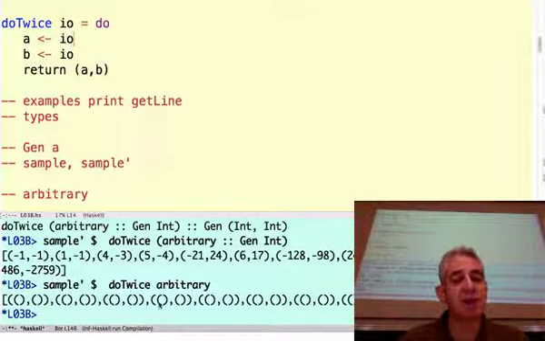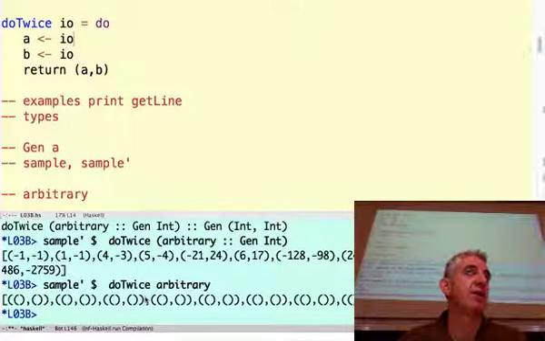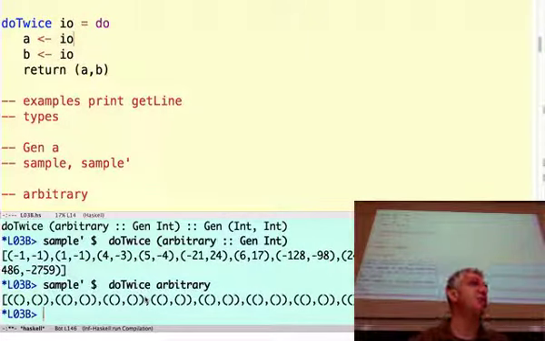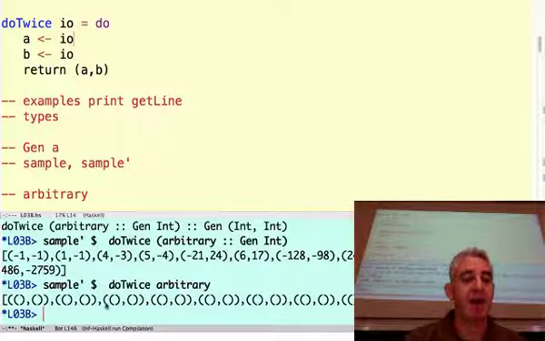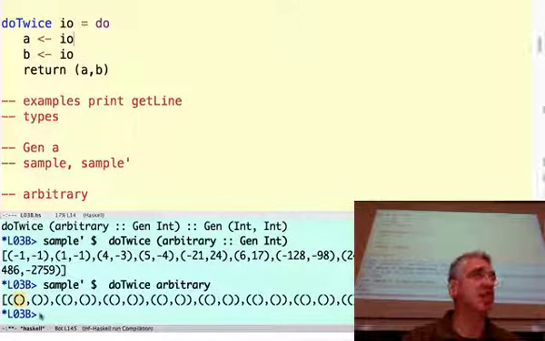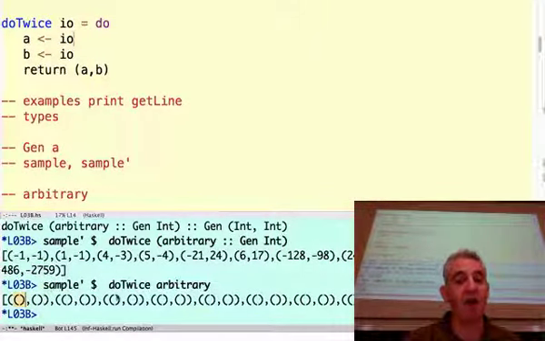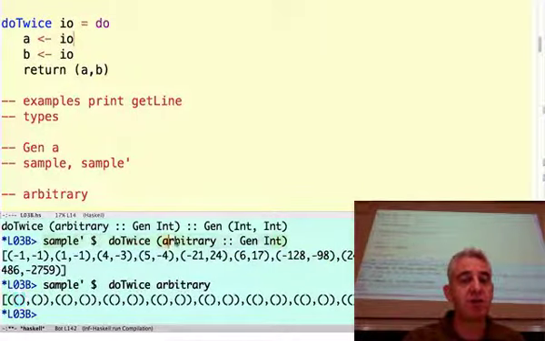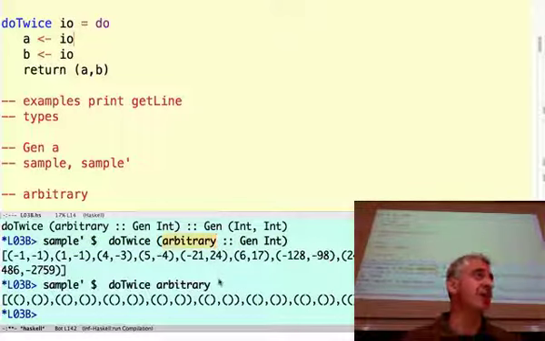So actually, this is not a feature of QuickCheck. This is a feature of GHC. When it doesn't know what type to use, it chooses the simplest type. And the simplest type is this one. We don't want it to use that type. We want to use a different type, but it can't know what type we want to use, so we have to tell it which instance of this overloaded function we actually want to use.